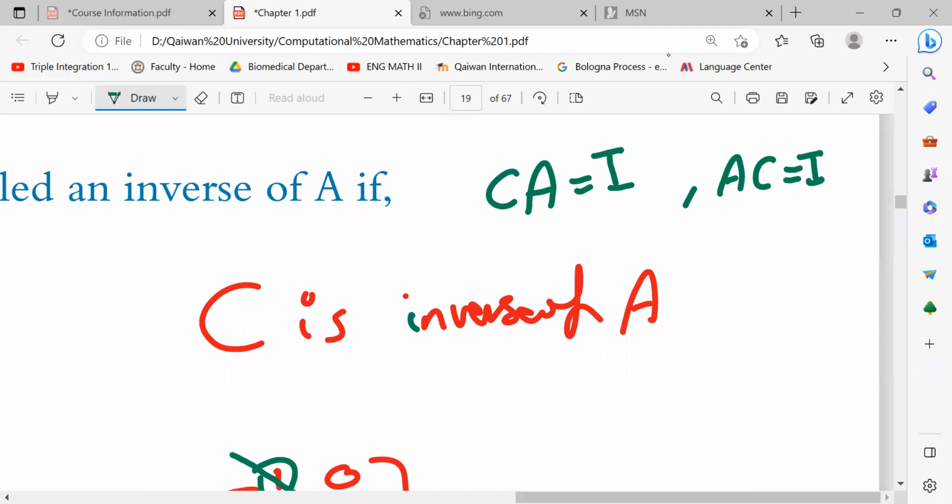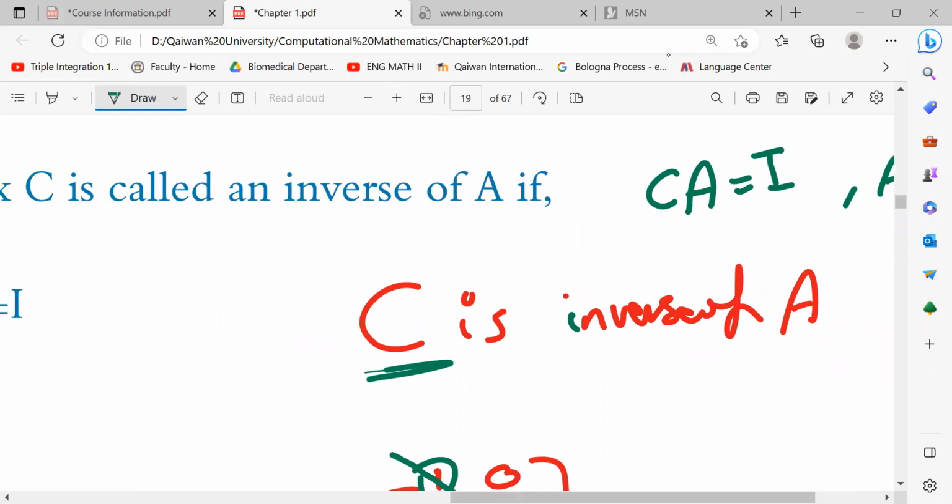If the multiplication of two matrices is an identity matrix, that means these two matrices are inverse to each other.